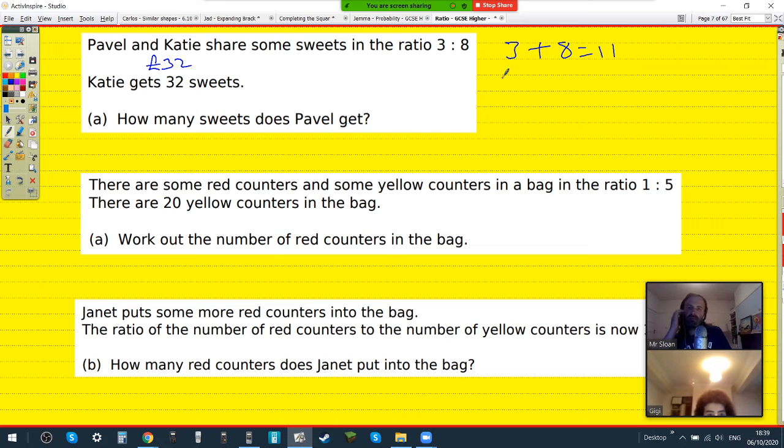Okay, so 32 divided by 11 equals 2.9. Exactly 2.9? Oh, it's 2.909090 repeating. I'll say like £2.91 or something.